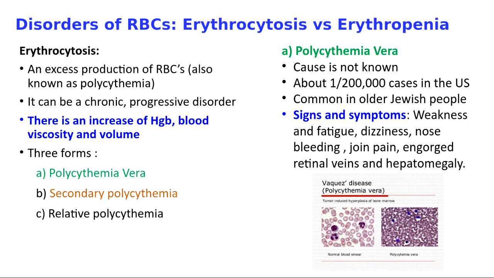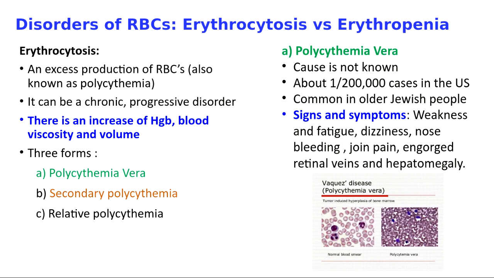Polycythemia is a little bit confusing because poly means many, cyto is cell, emia is blood. So many cells in the blood. And by definition, polycythemia will affect white blood cells, red blood cells, and platelets. So when somebody has true polycythemia or polycythemia vera, then all the blood cells, the white blood cells, the red blood cells, and the platelets will be elevated.